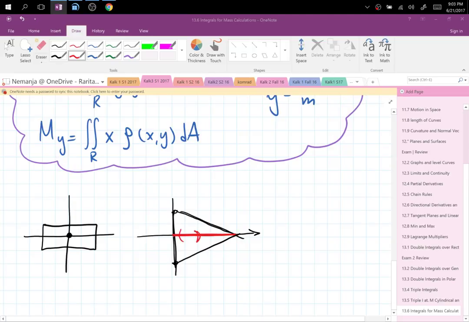Probably somewhere in this region here. It's not going to be anywhere else. You are expecting it to be on the red line. Now, if it's not uniform density, it could be anywhere. Because let's say this region here is extremely dense, right? Then your center of mass could be right there, depending on how heavy.